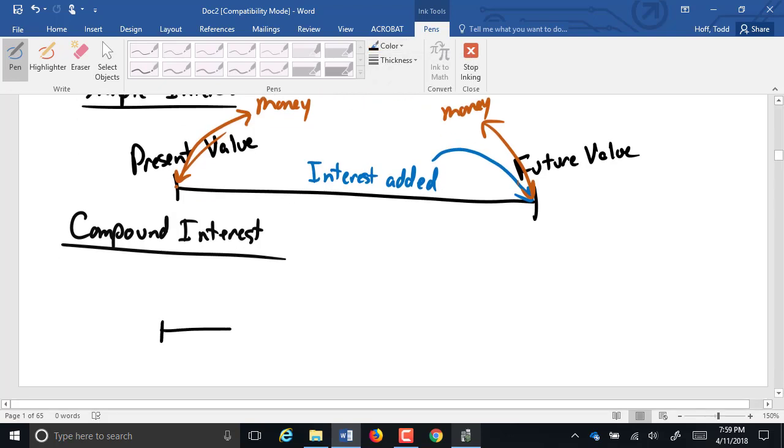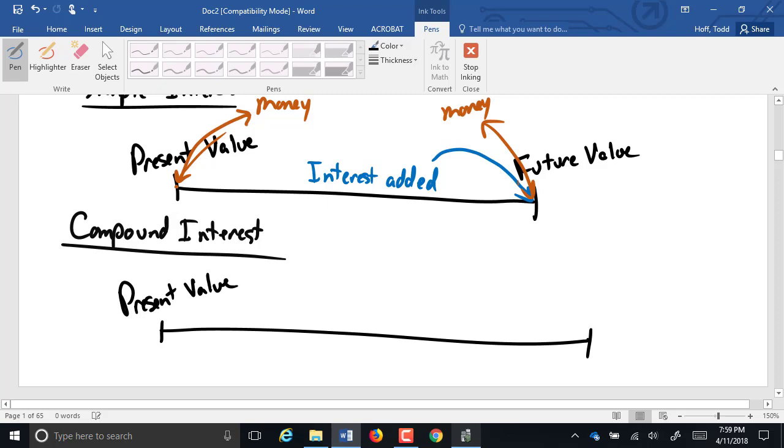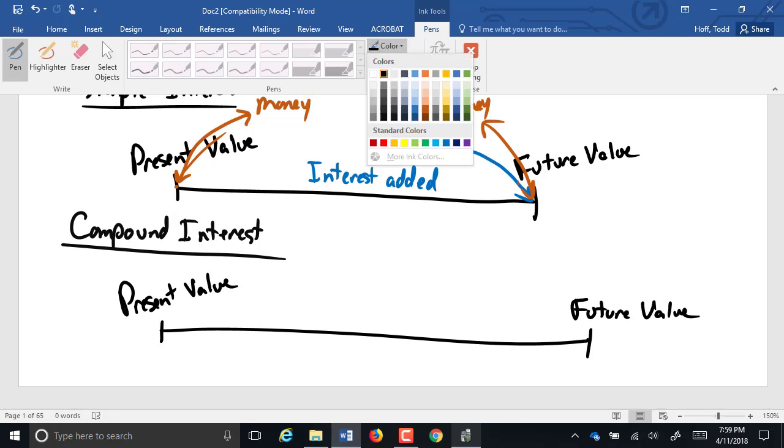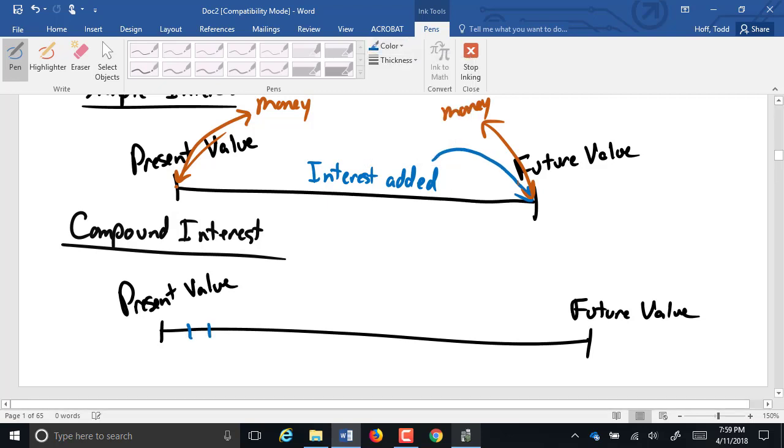For compound interest, we have our present value, we have our future value. The difference is going to be the term is broke up into several periods.